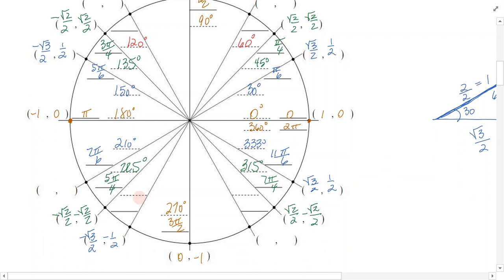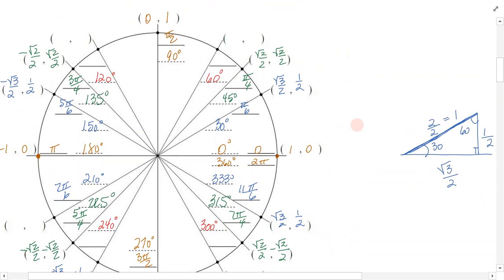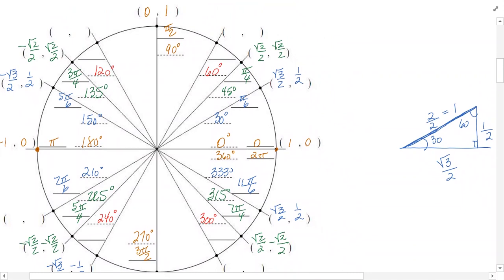Down here in the third quadrant, we would have 180 plus 60, or 240 degrees. And then in the fourth quadrant, remember we subtract off of the x-axis, so it's 360 minus 60, or 300 degrees.